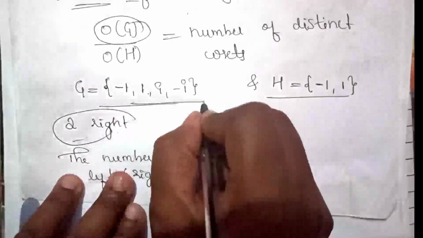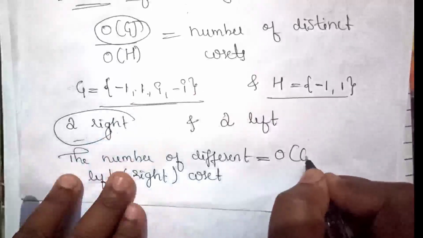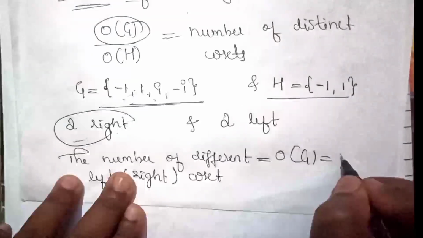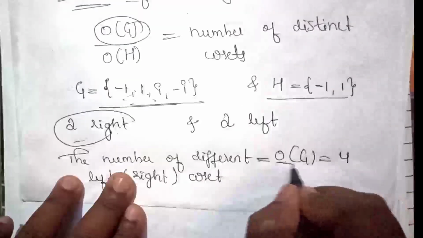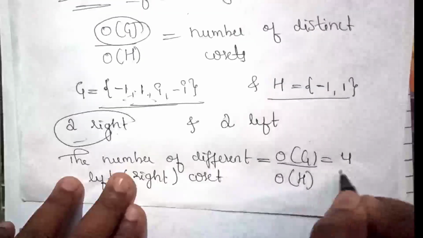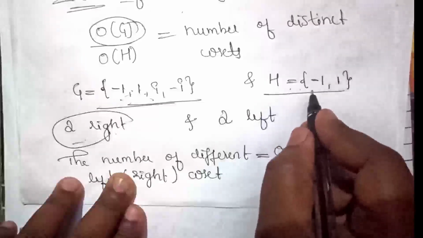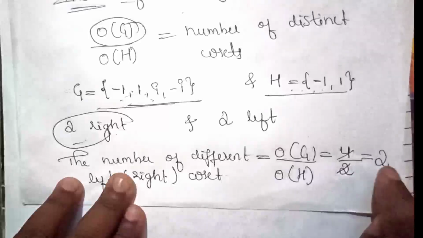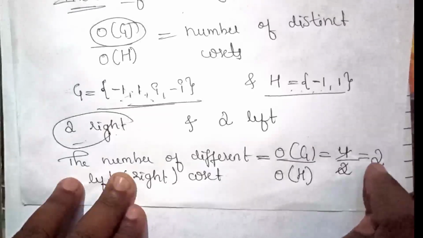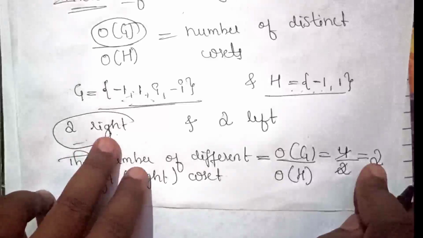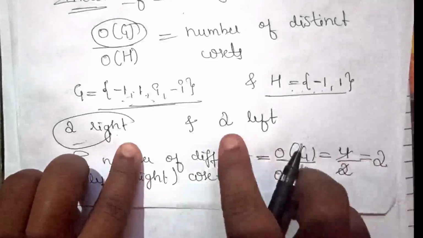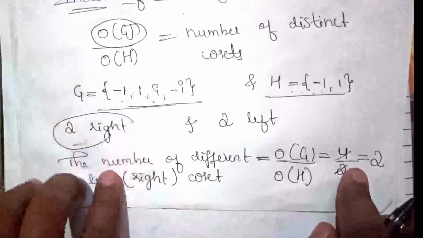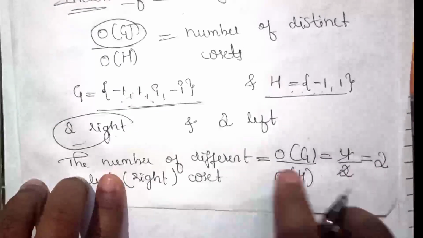For this example, order of G, the number of elements in G, is 4, divided by order of H, the number of elements in subgroup H, which is 2. Therefore we get 2 different right cosets or 2 different left cosets. Remember that the number of right cosets always equals the number of left cosets. So here in this case we got 2 left cosets and 2 right cosets.